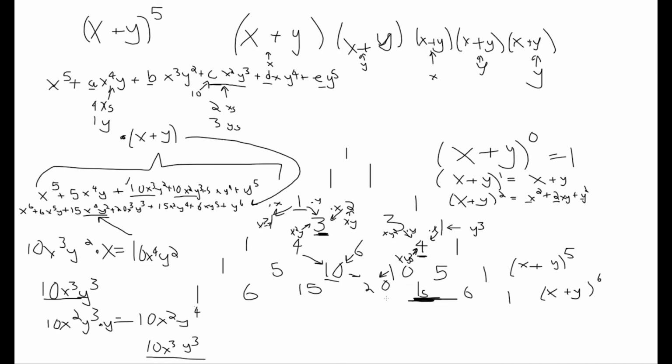So you add them together to produce this 20. Because these both have the potential to produce x cubed y cubed, which has its coefficient represented by this, they were placed beside each other so that they would be added together to produce this 20. They both contribute towards this 20 over here.